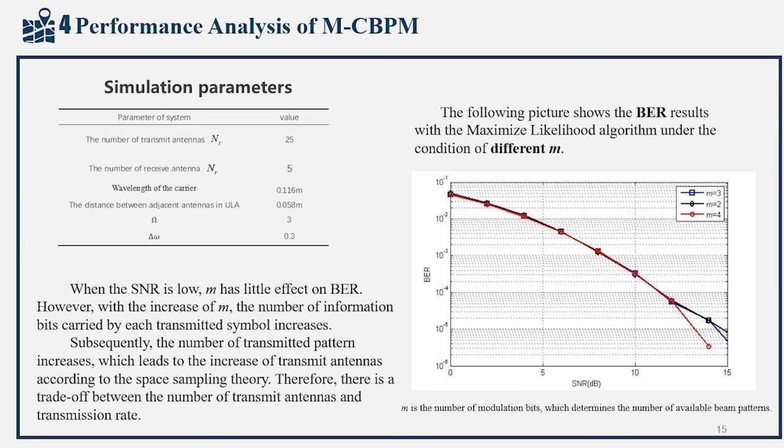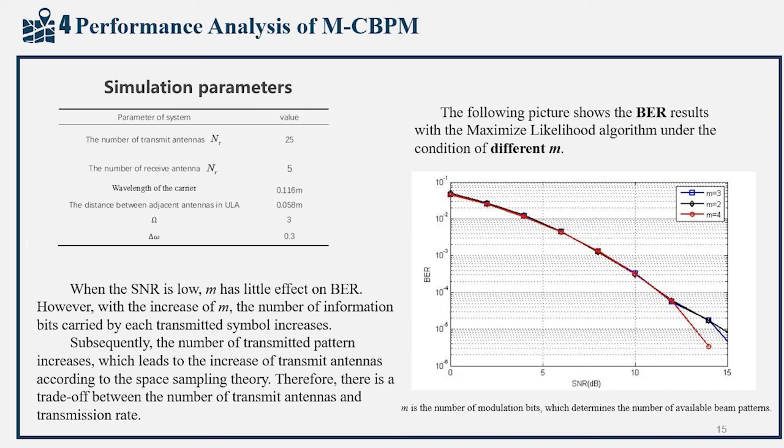However, with the increase of M, the number of information bits carried by each transmitted symbol increases. Subsequently, the number of transmitted patterns increases, which leads to the increase of transmit antennas, according to the space sampling theory.